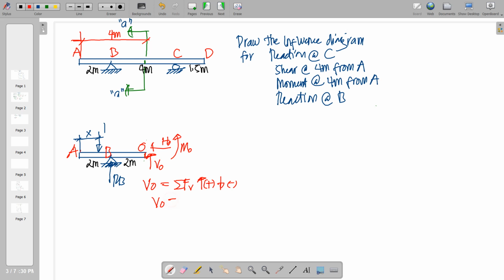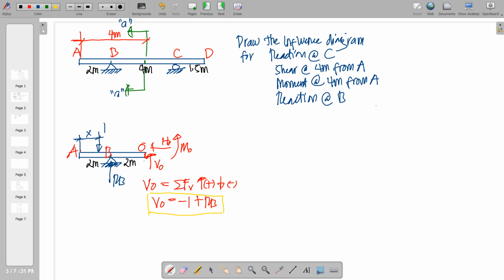So therefore, VO will now be equal to 1, that is negative downwards, plus RB, that is going upwards. So this will be our equation. And notice that your equation is dependent on the value of RB.